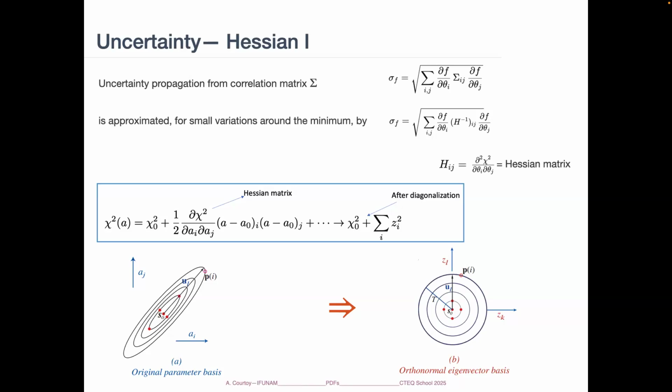But now, if you want to be more practical, you can diagonalize this basis and go into what's called the eigenvector basis, where you have circles or spheres, hyperspheres actually, in n dimensions, okay? And so you just have chi-square minimum plus the sum over those eigenvectors, with eigenvalues.